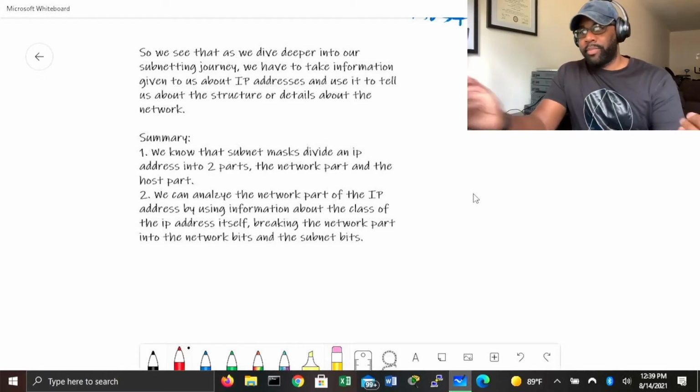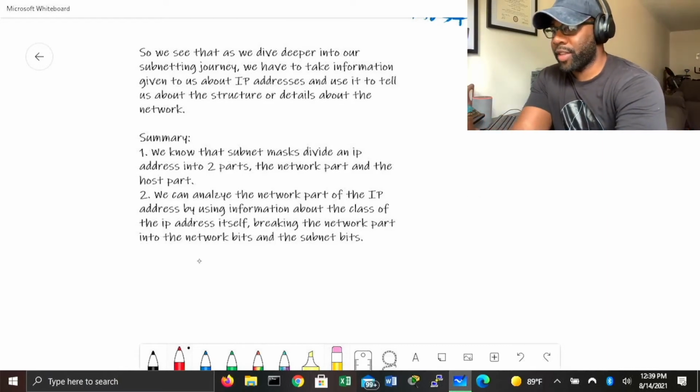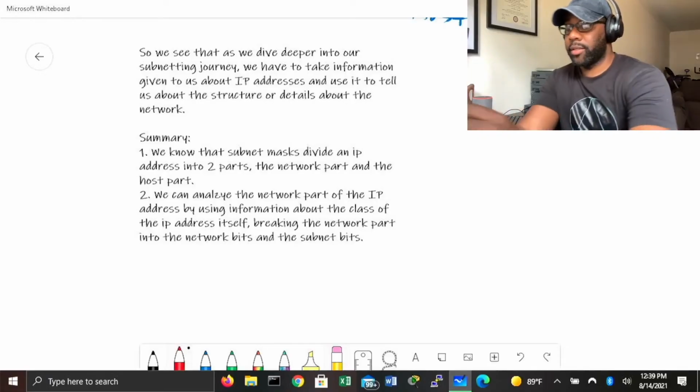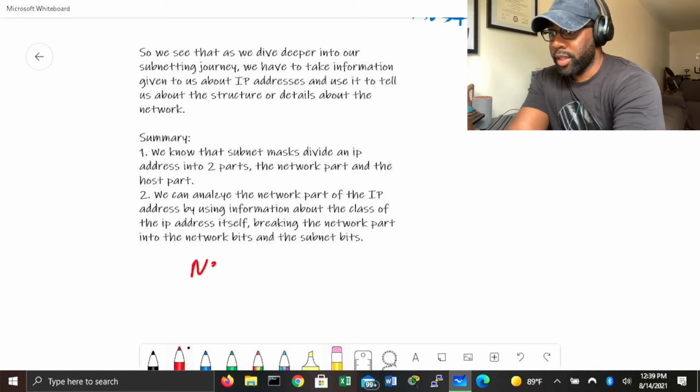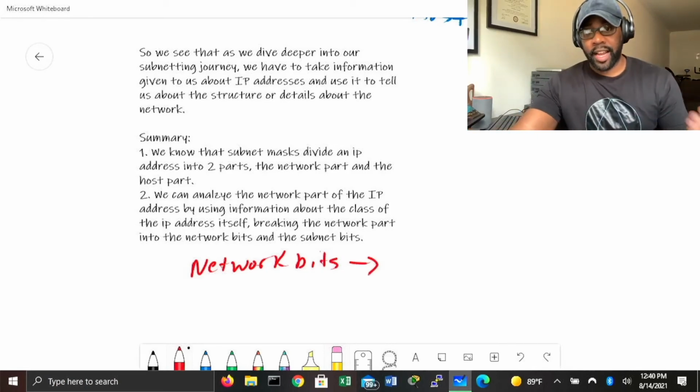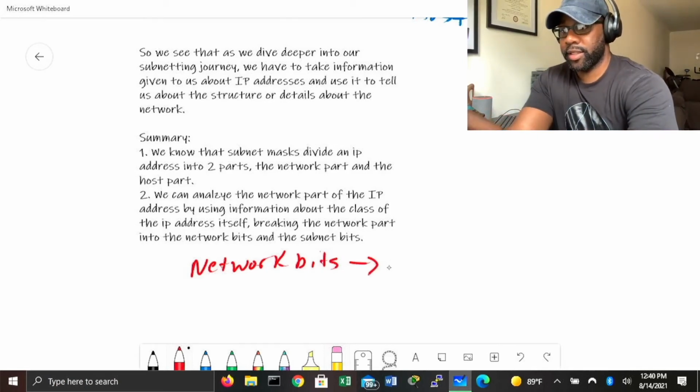We talk about IP addresses in terms of the subnet mask and the way that it divides IP addresses into the network part and the host part. But then, as I stated before, the network part consists of two parts in and of itself: the network bits, which is defined by the class of the IP address that it's in.